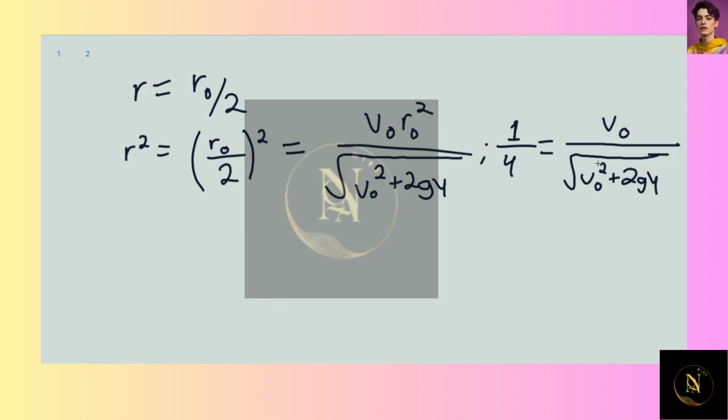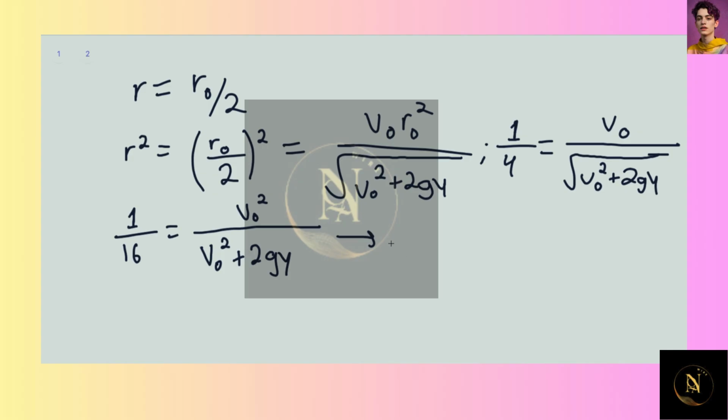At this point, it's a lot of just algebraic manipulation. We're trying to simplify this and get rid of the radical in this denominator. So we can say 1 over 16 equals the initial velocity squared over the initial velocity squared plus 2gy.